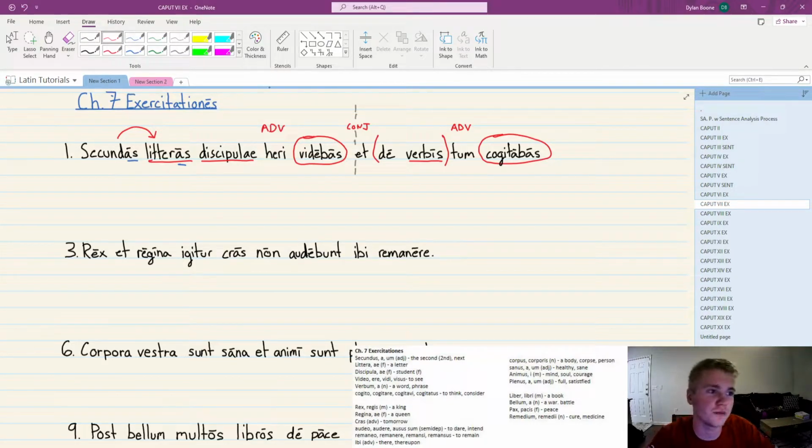And like usual, let's start with the verb. So we have videbas, comes from video, videre, as you can see in the vocab that I've put on screen. So for videbas, we dropped the re of videre and added bas here.